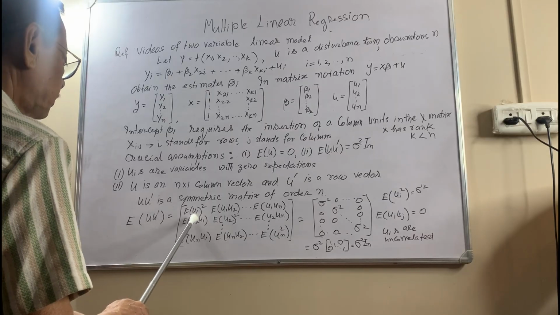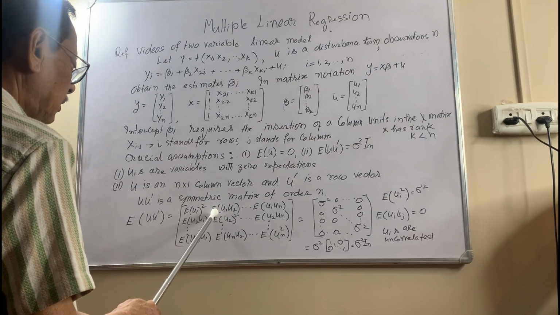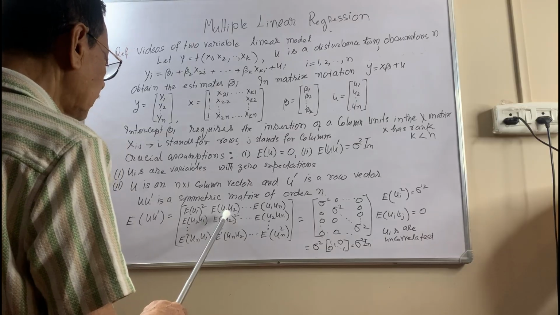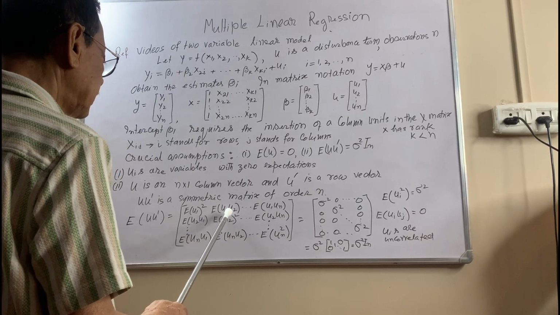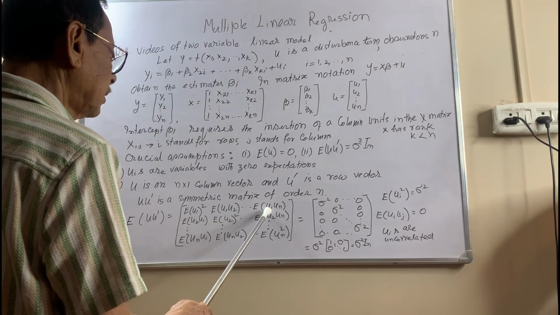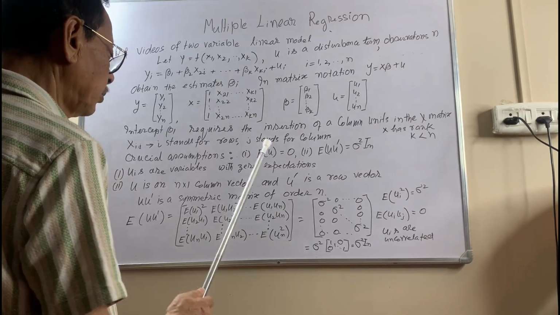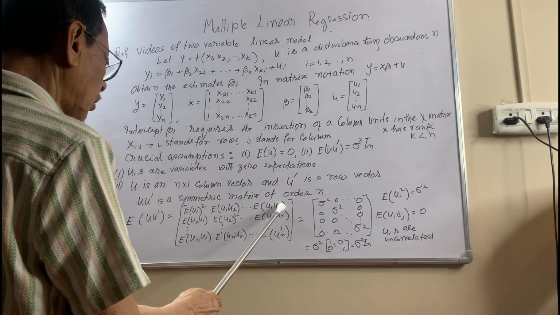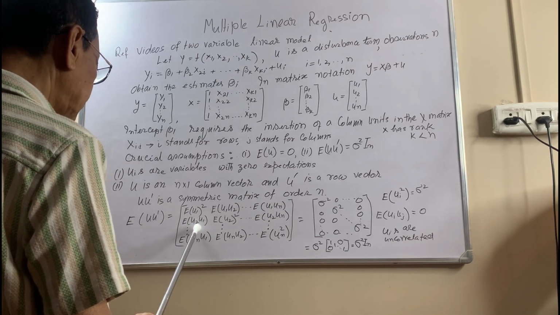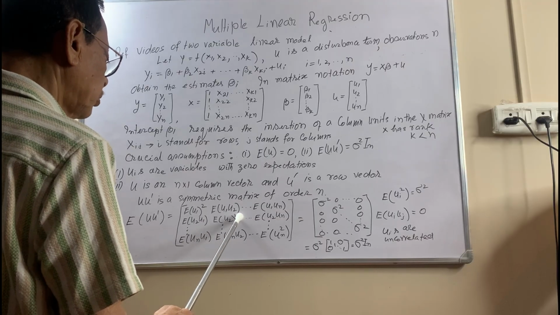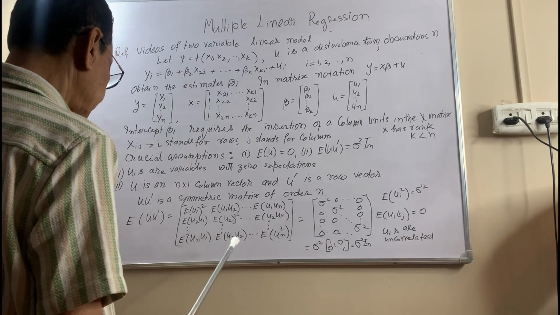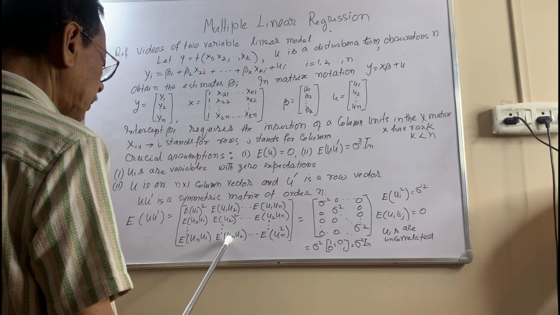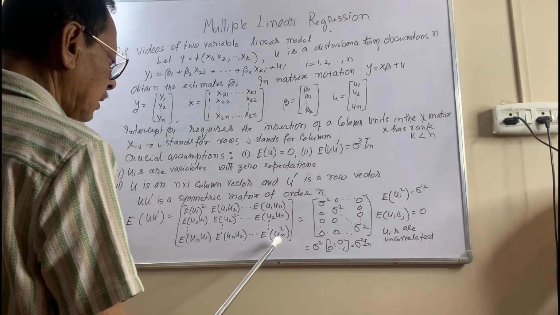Expected u u prime has first row, first column expected u1 square, then expected u1 u2, and so on up to expected u1 un, for n observations. Then expected u2 u1, and so on, u2 square, up to expected u2 un. Then expected un u1, expected un u2, up to expected un square.